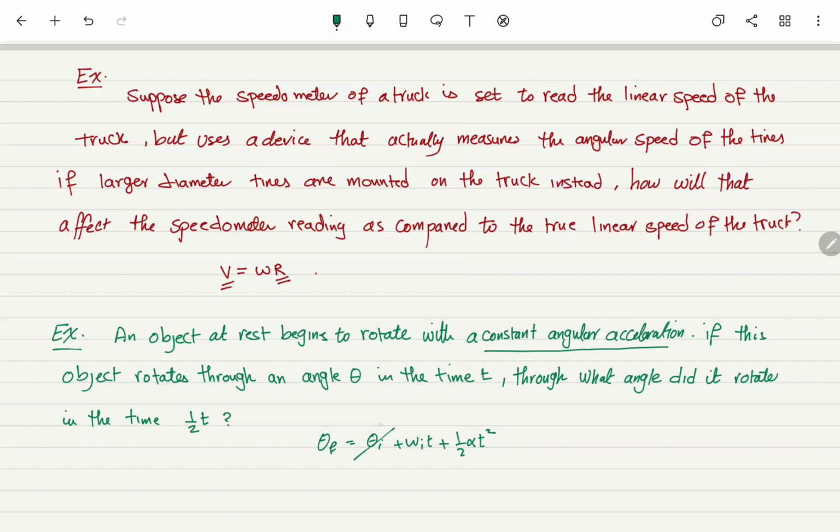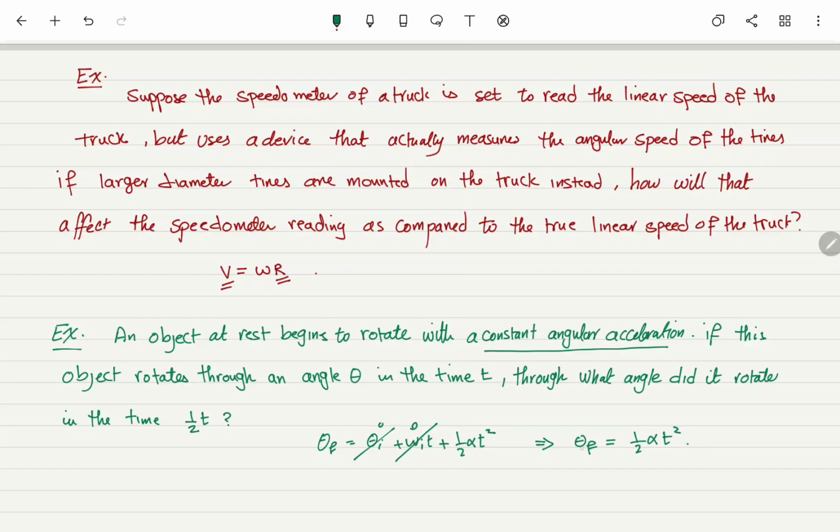Assuming it's starting from 0 and starting from rest, omega initial equals 0, so theta final equals half alpha t square.